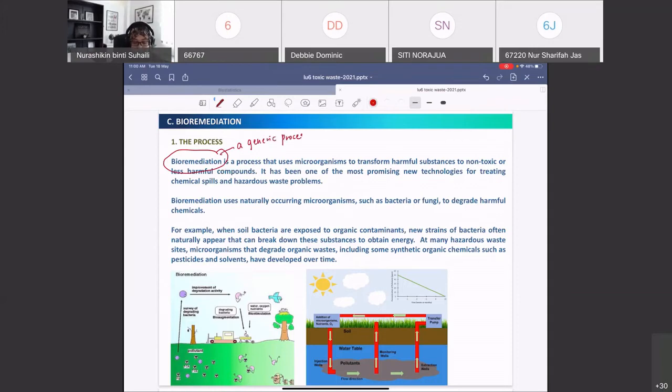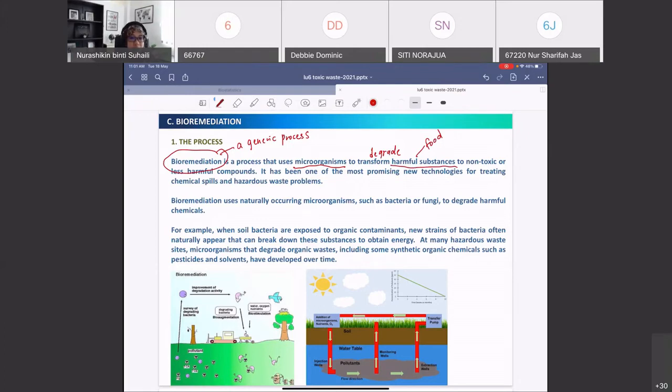So by definition, it uses microbes to transform or degrade. Actually, these harmful substances are food to those microbes. They eat the food. Those harmful substances are harmful to us, but they are not harmful to the microbes.